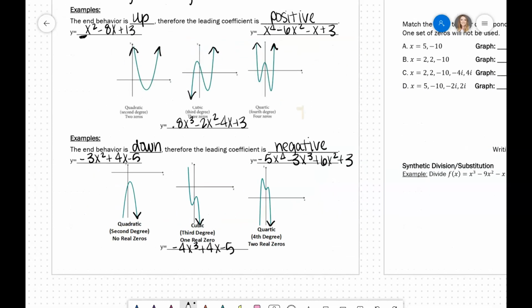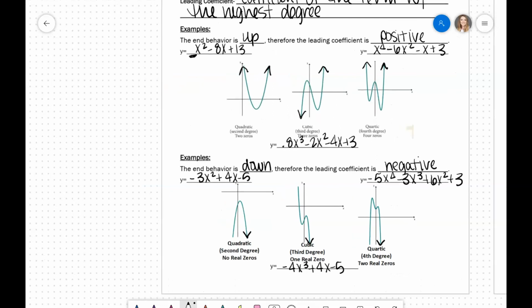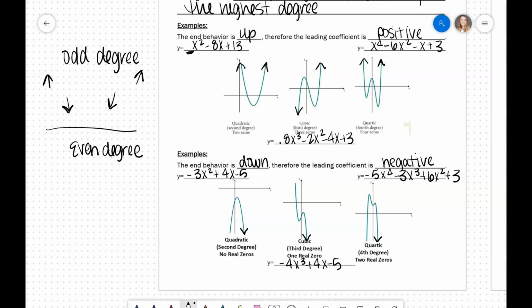Okay, so now we know by looking at the degree of the polynomial, if it is an odd degree, we would expect the end behavior to either start by going up and end going down, or vice versa, start down and end up. If it's an even degree polynomial, our end behavior would be going the same exact direction.